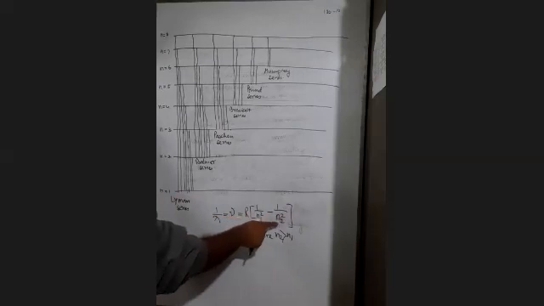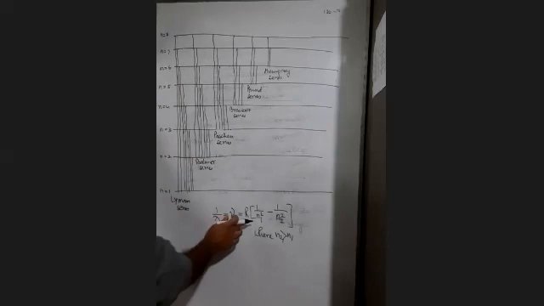If n1 is the first shell, then n2 can be second, third, fourth, fifth, sixth, seventh, eighth. For Balmer, n1 is 2, so n2 will be 3, 4, 5, 6, 7, 8, like this. n1 and n2 are the levels.